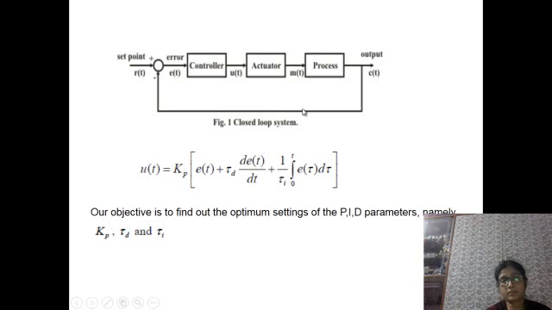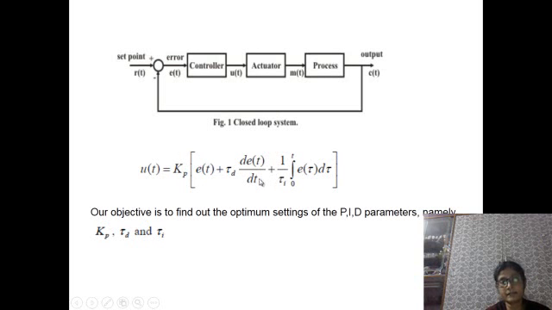So the controller output, as we all know, for the proportional control system is Kp into E(t). This is the error signal E(t).